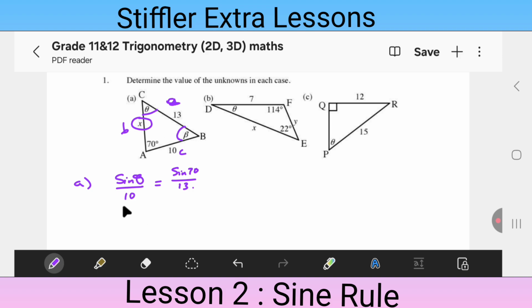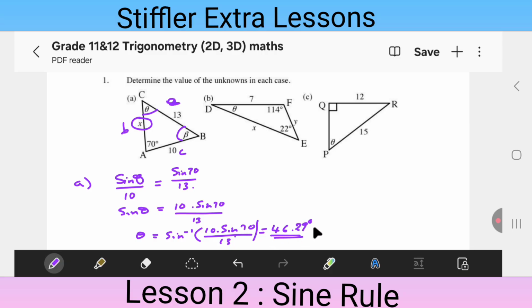Making this the subject of the formula, sine of theta will be equivalent to 10 multiplied by sine of 70 all over 13, which means theta becomes the inverse sine of 10 multiplied by sine of 70 all over 13, which makes theta equivalent to 46.29 degrees. So here we found the value of theta.